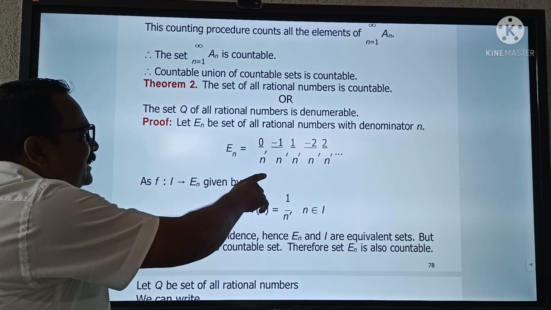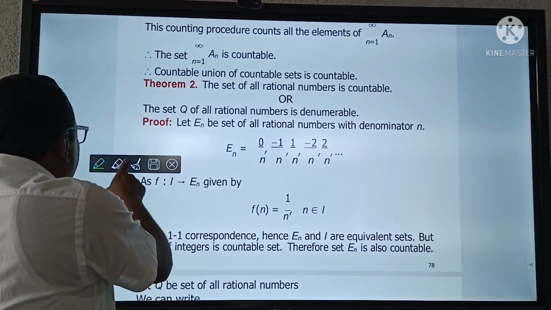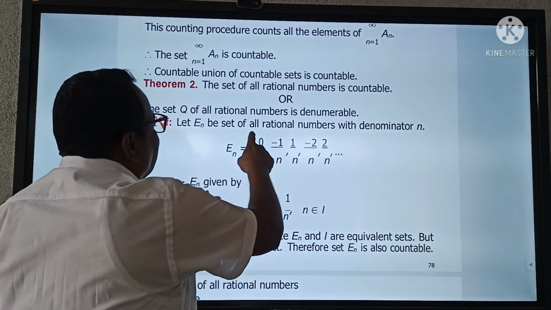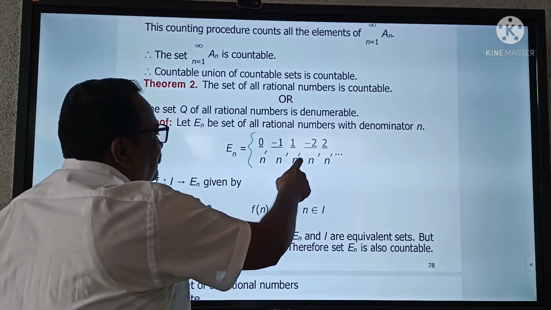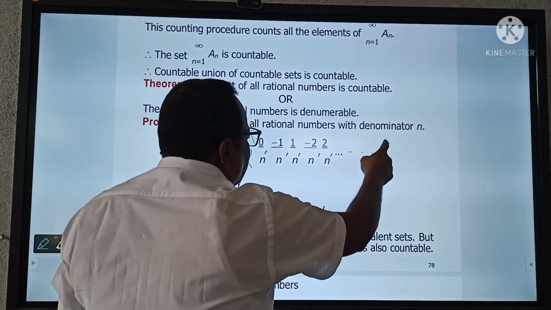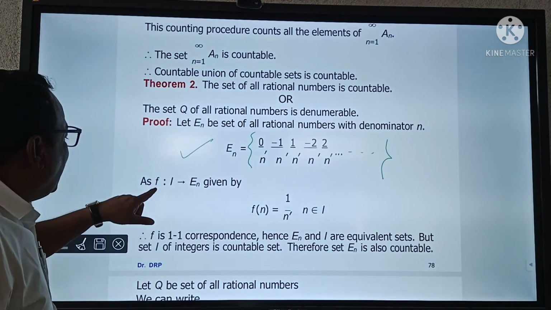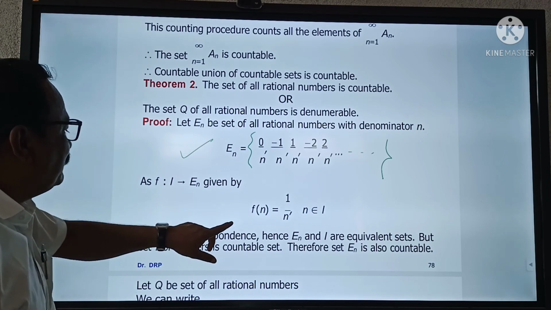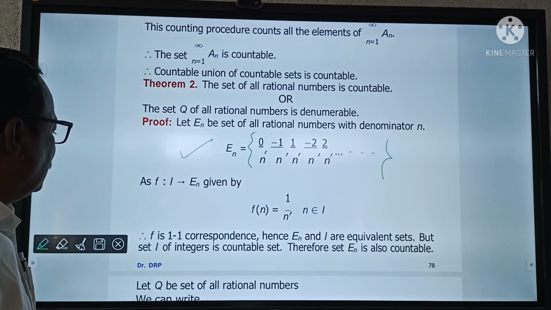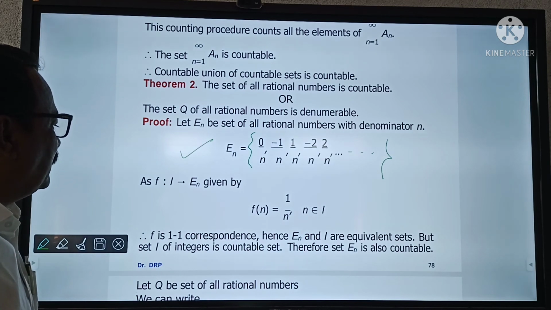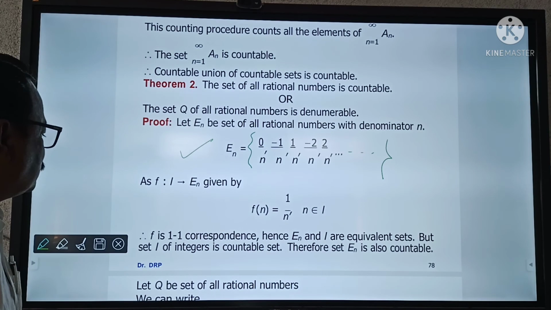So En can be written as 0 upon n, minus 1 upon n, 1 upon n, minus 2 upon n, and so on. Suppose f from I to En is given by f of n is equal to 1 upon n, for n belongs to I.